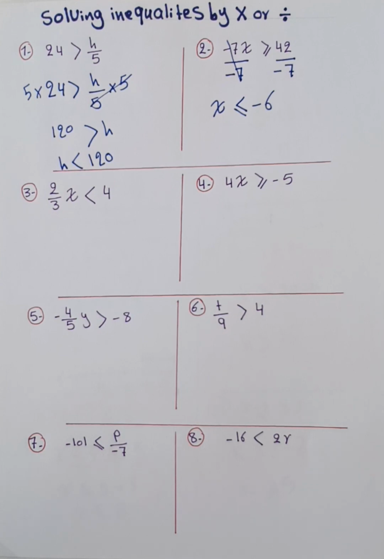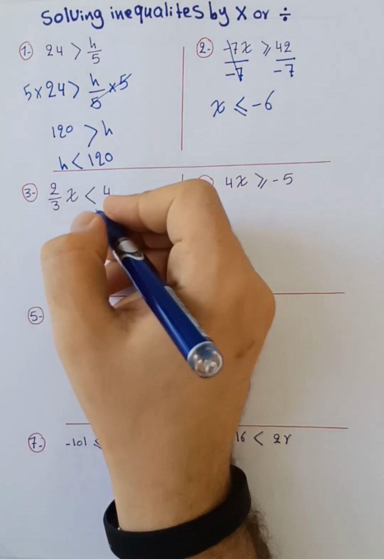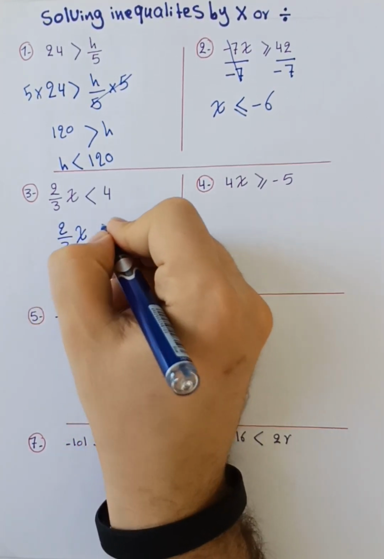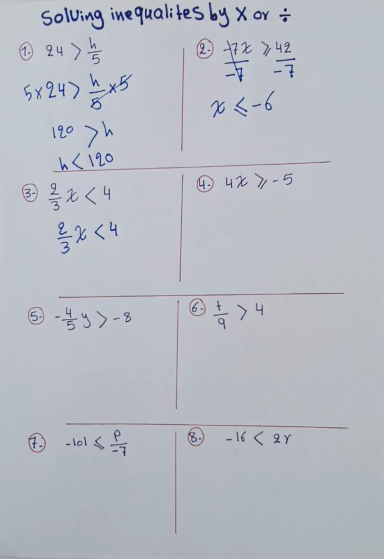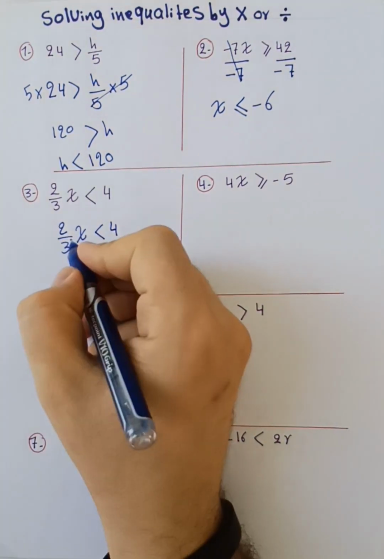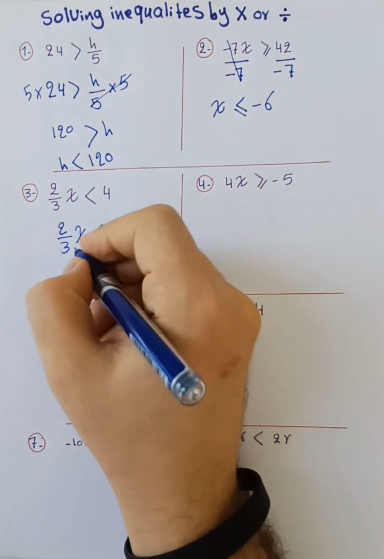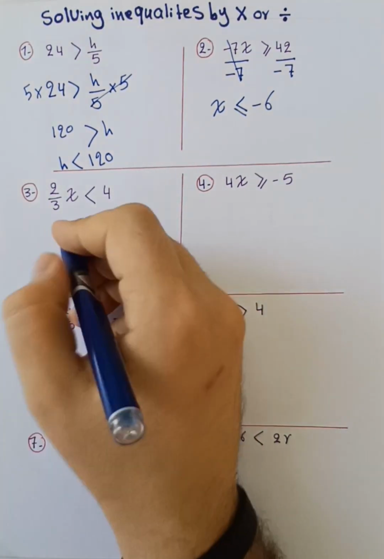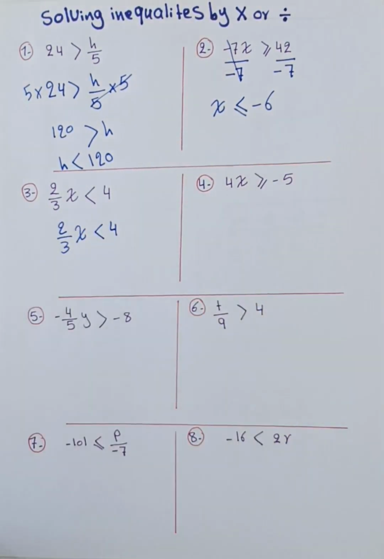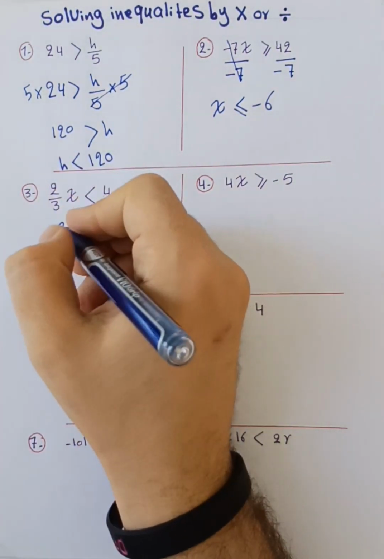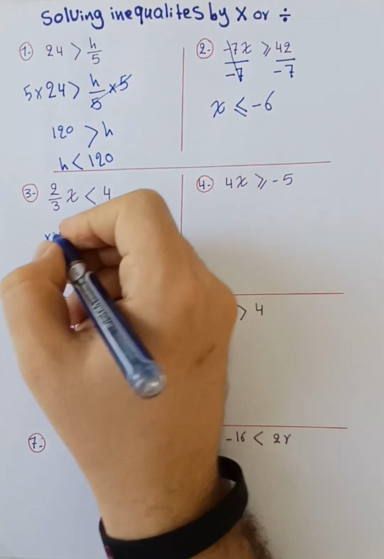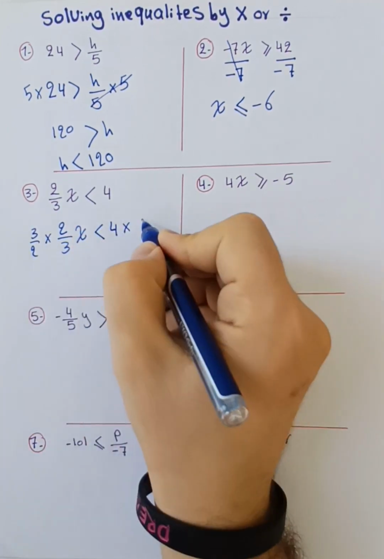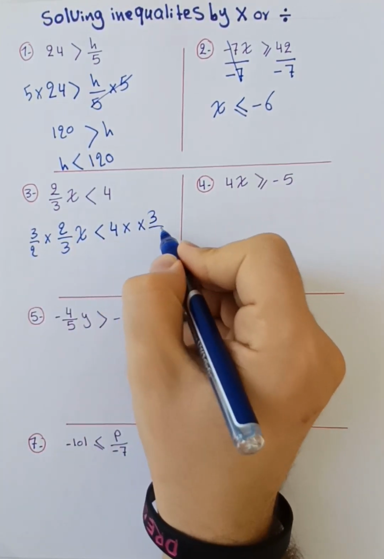Example number 3, 2 out of 3 x less than 4. We have multiplication, so you have to divide both sides by 2 out of 3, or we can multiply both sides by the reciprocal of 2 out of 3, which is 3 out of 2.